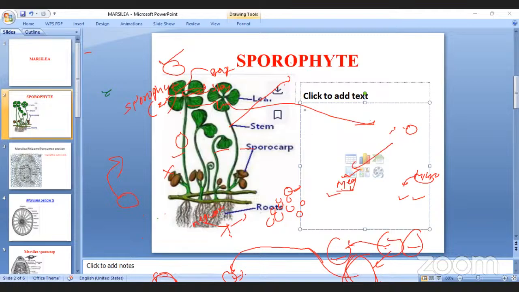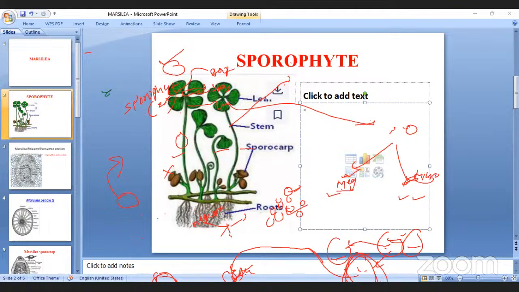Sporocarp, megaspore, microspore, male gametophyte, female gametophyte. Sorry, this is female gametophyte, male gametophyte, male gamete, female gamete, like this. So just write the names instead of a diagram. You can write the names also. That much is enough.